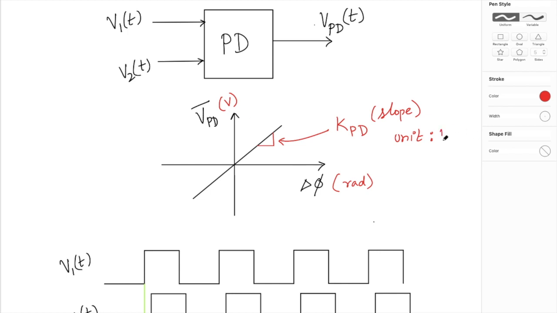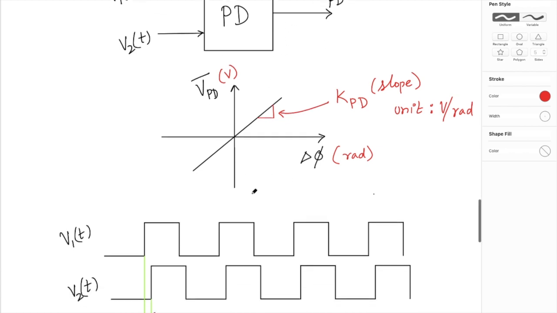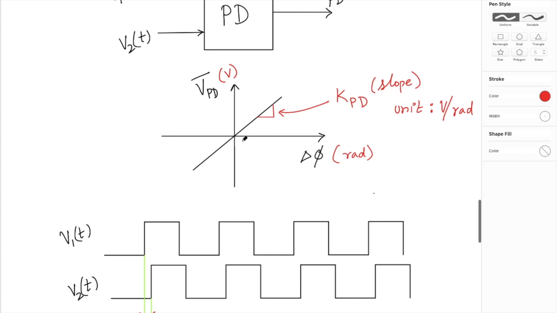So it tells how much voltage this PD is producing for a phase difference. Generally, if the phase difference is positive, it is going to spit out a positive voltage, whereas if the phase difference is negative, it will spit out a negative voltage.